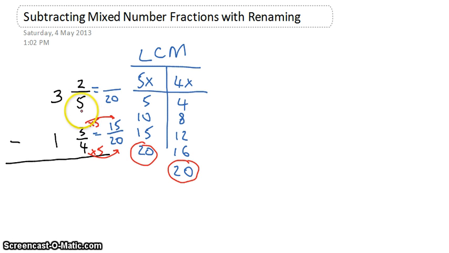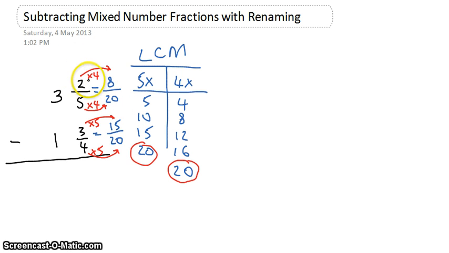Now, turning my 2/5 into something over 20 or 20ths. 2/5, well, my 5 times 4 gives 20. Whatever I do to the bottom, I do to the top, and 2 times 4 is 8. Here I've turned 2/5 into 8 20ths.